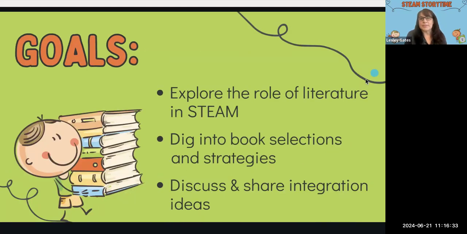Our goals for this session: there are three goals. We're going to explore the role of literature in STEAM. What role does children's literature play in our designing of STEAM lessons, activities, and experiences for our students? And then, of course, I wanted to give you a ton of resources. So we're going to dig into some book selections and give you some ideas about strategies and how to incorporate them into your lesson planning.